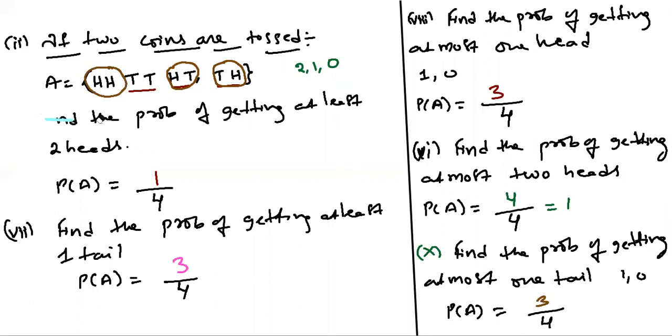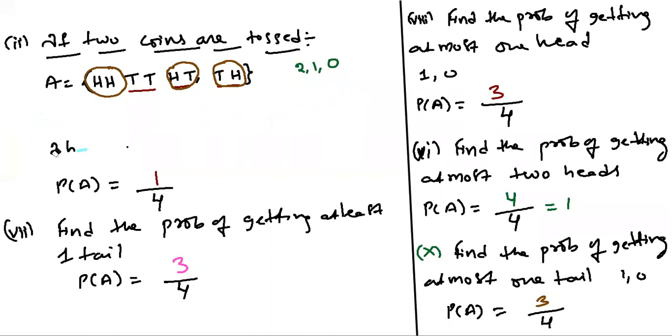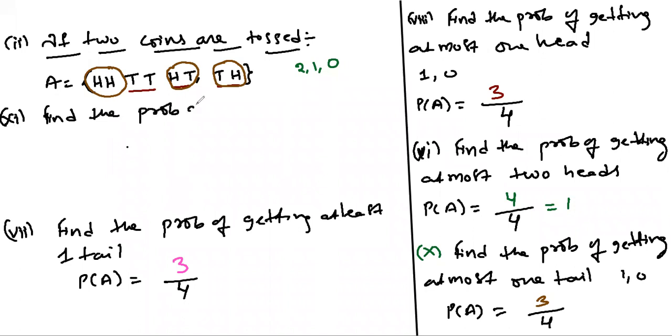Next. Find the probability of getting at most 2 tails.